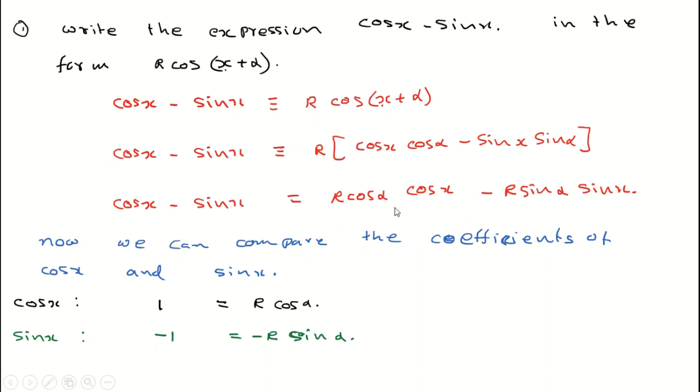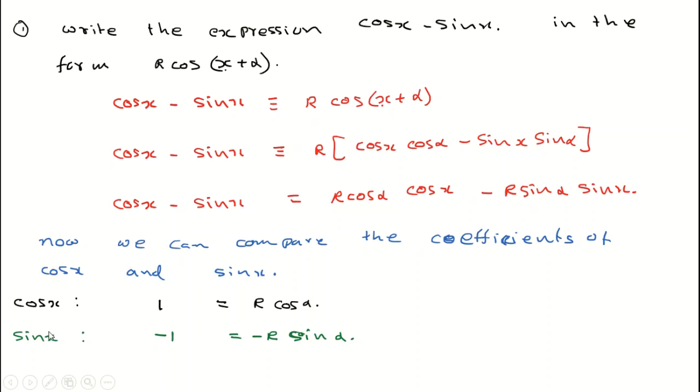Now in order to find this r and alpha, what we can do here is compare the coefficients of cos x and sin x on either side. When we compare the cos x, on the left hand side the coefficient of cos x is 1. On the right hand side, the coefficient of cos x is r cos alpha, so 1 is equal to r cos alpha.